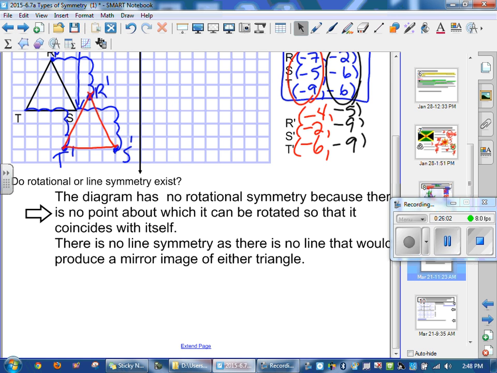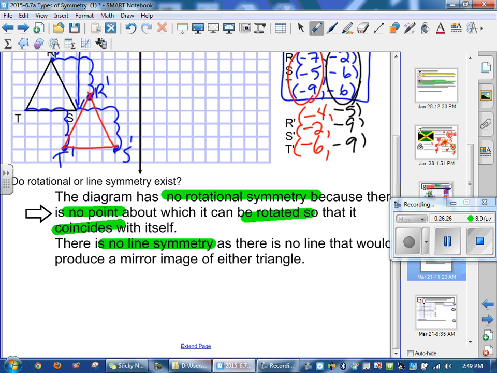Okay? Now, if you want to get real specific and understand why, the reason is this. There's no point about which it can rotate so that it coincides, meaning covers itself exactly.